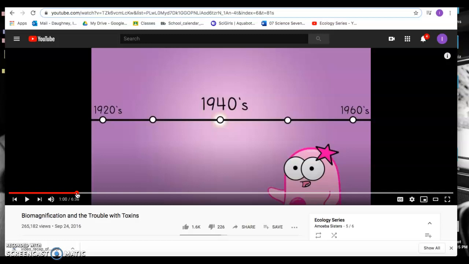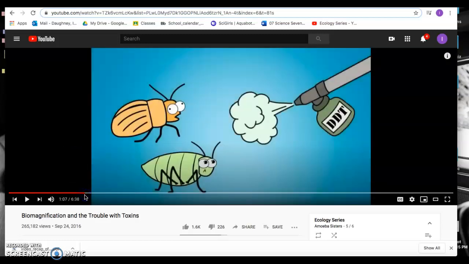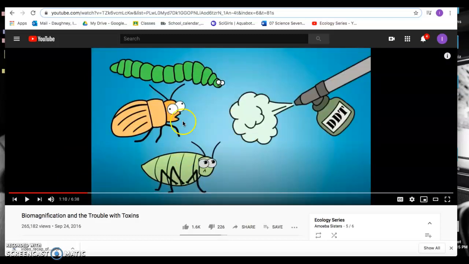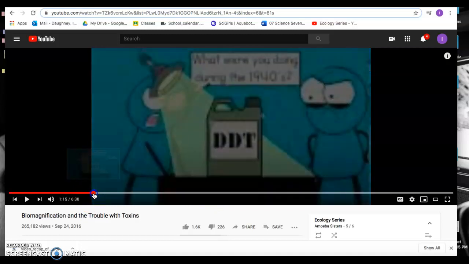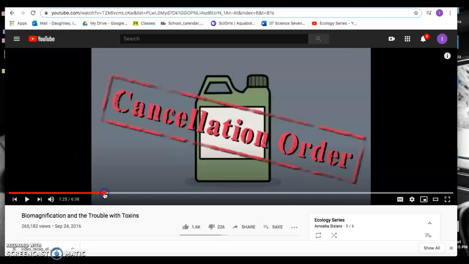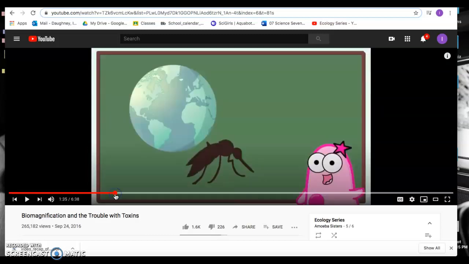So crop demands were very high and they needed to make sure that they were able to meet those needs. So scientists started coming up with ways to kill insects that love to munch on humans' crops. And later on, they didn't understand that DDT could be harmful. So they ended up banning the usage of it, okay?